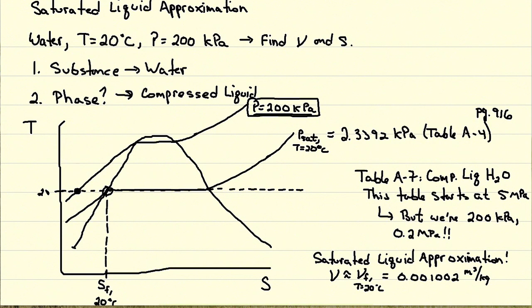So our s is approximately equal to s sub f at 20 degrees C, which when we go to table A4 at 20 degrees C, we find is equal to 0.2965 kilojoules per kilogram Kelvin.